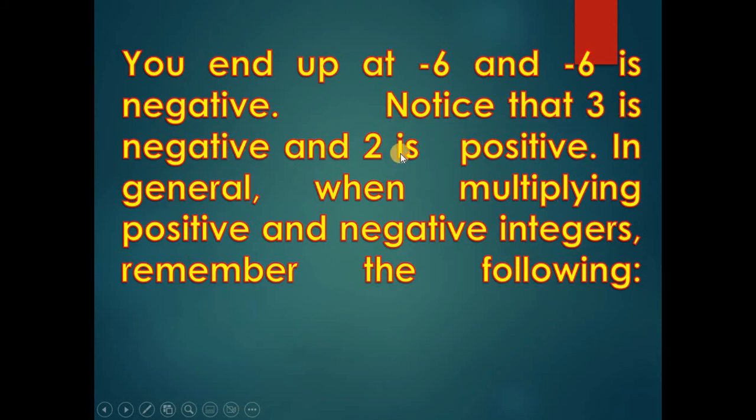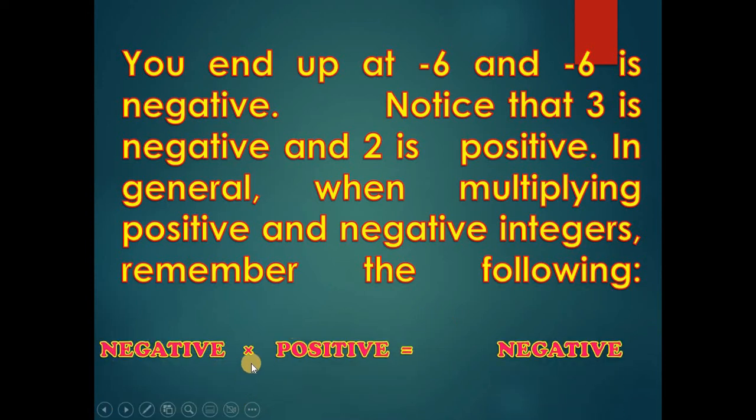Notice that 3 is negative. Yung kanina, yung 3. And 2 is positive. In general, when multiplying positive and negative integers, remember the following. Negative times positive is negative. Or pwede nating baliktadin itong negative and positive. Let's say, positive times negative is equivalent to negative.